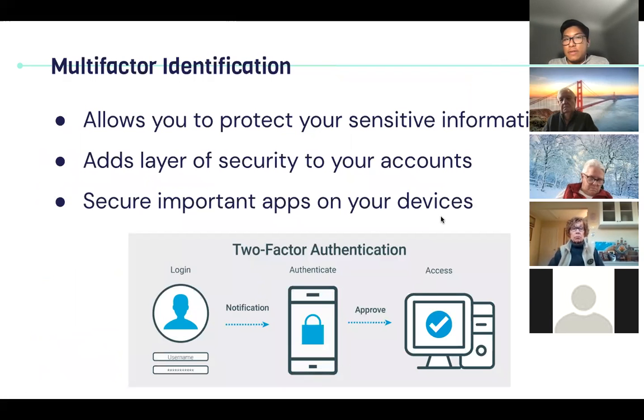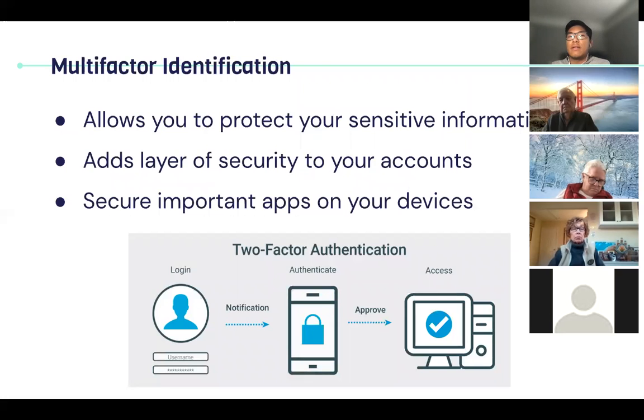There's a thing called multi-factor identification. Multi-factor means you take multiple steps or different layers of security in order to identify yourself and get access into a certain platform. For your email, for instance, usually you'll have your email and your password, and that would be one-step identification. Multi-factor may be that you enter your email, your password, and then they text a code to your phone, and you have to provide the code, and that provides another layer of security.